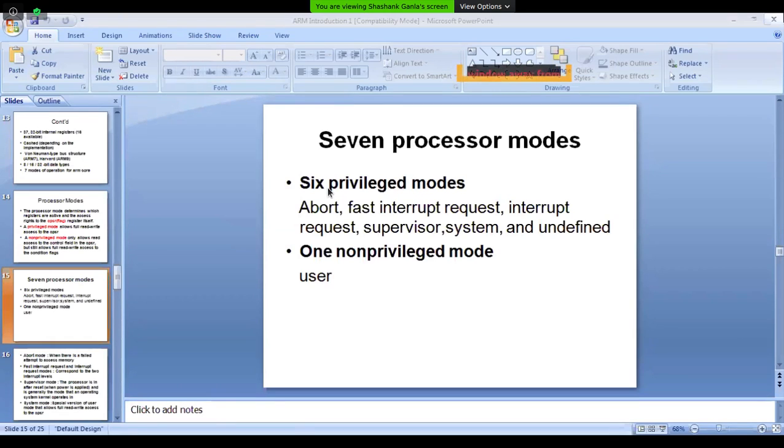Undefined mode of operation can also be used for math co-processing instructions. If ARM, being the main processor, is attached to another helping or auxiliary processor called a co-processor, then when the ARM processor fetches an instruction which belongs to the co-processor but not the ARM processor, it tries to execute that instruction from memory, but that instruction is not supported by the ARM core. It is supported by the co-processor.